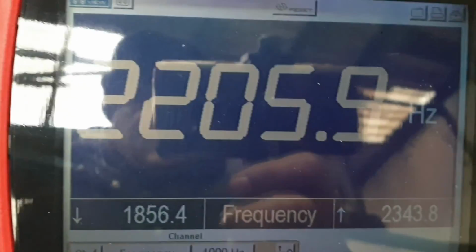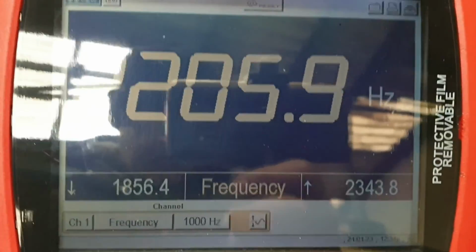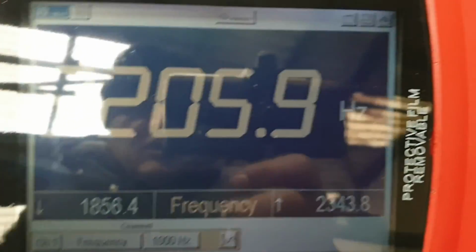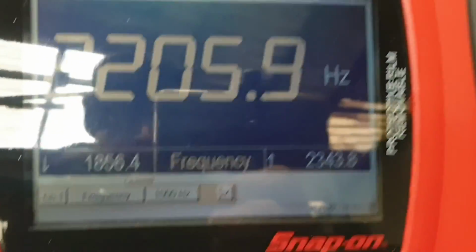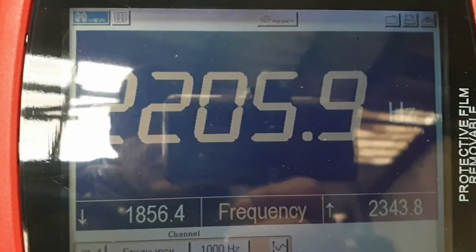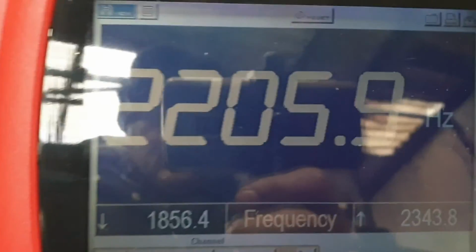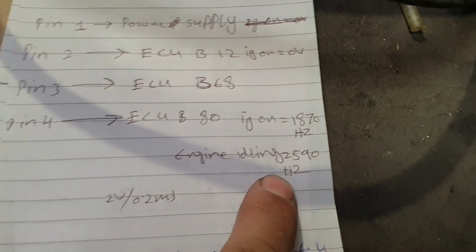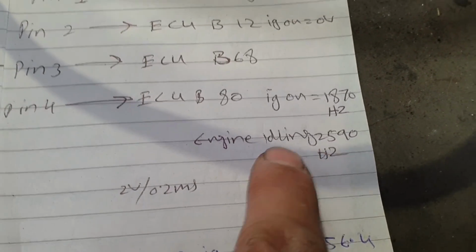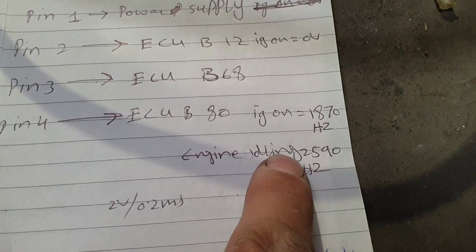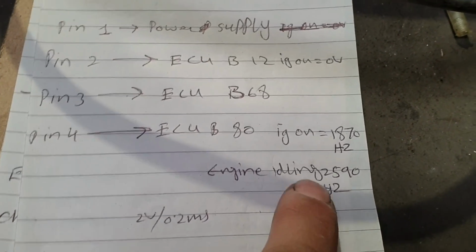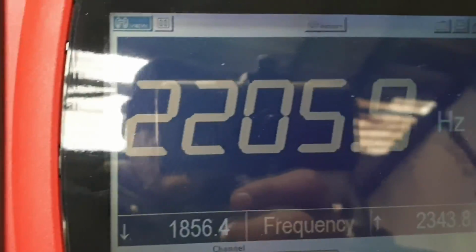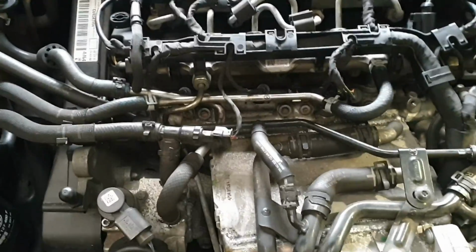So this is 2205. So there are approximately 300 hertz of frequency difference between the actual value and the manufacturer specification, which is this one. The manufacturer specification says that at engine idling we should have 2590 hertz, but here this is the actual value we have. Okay, as you can see, the engine is running smooth at idling.